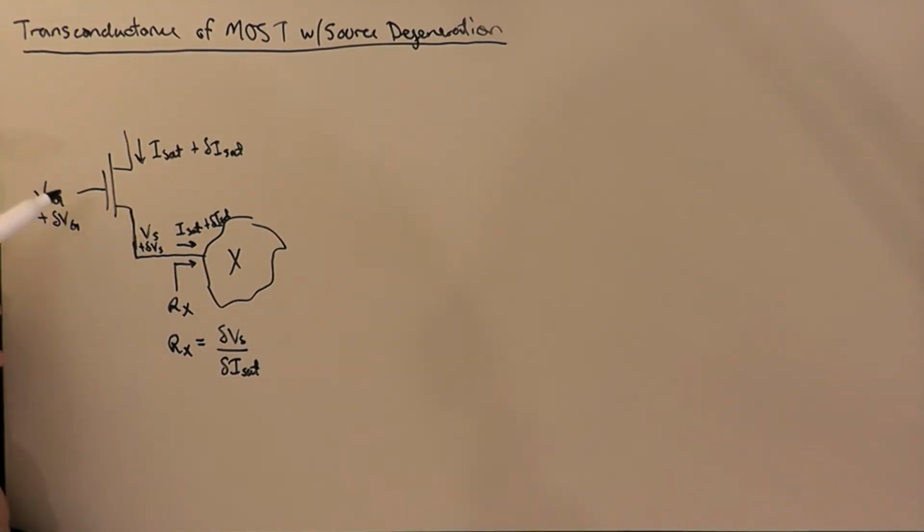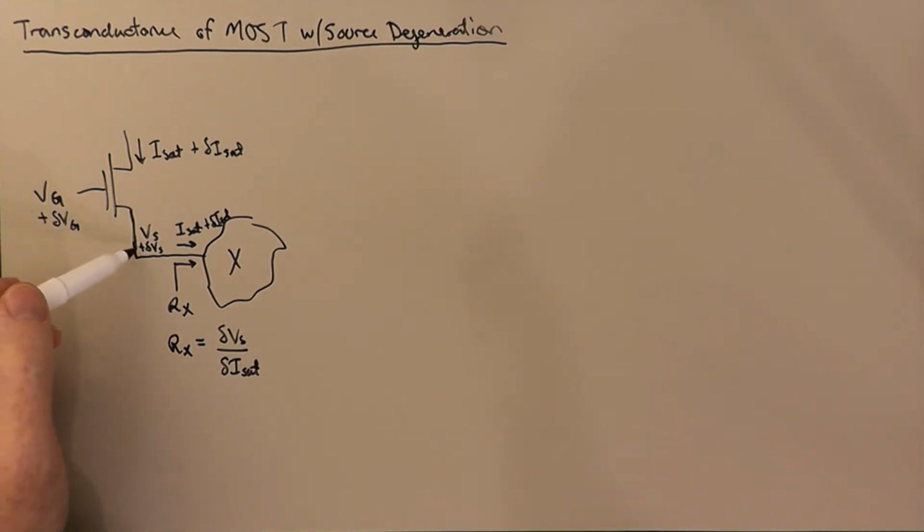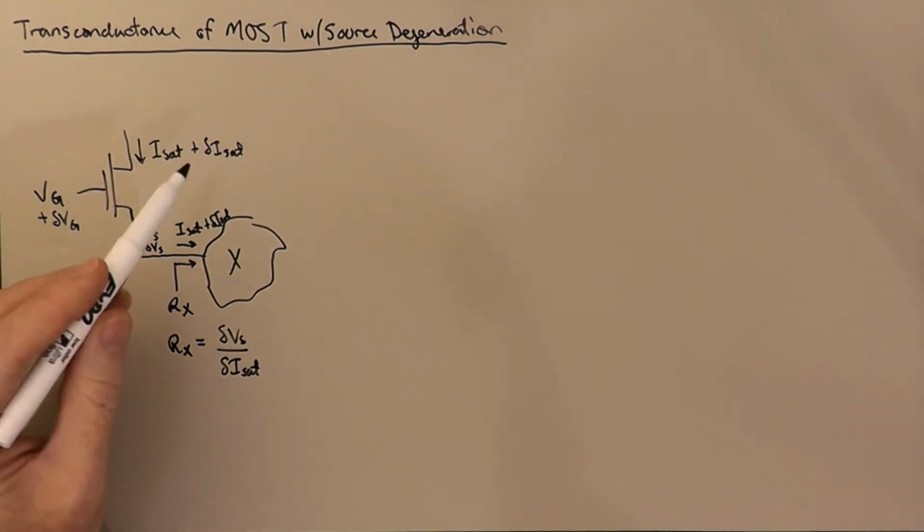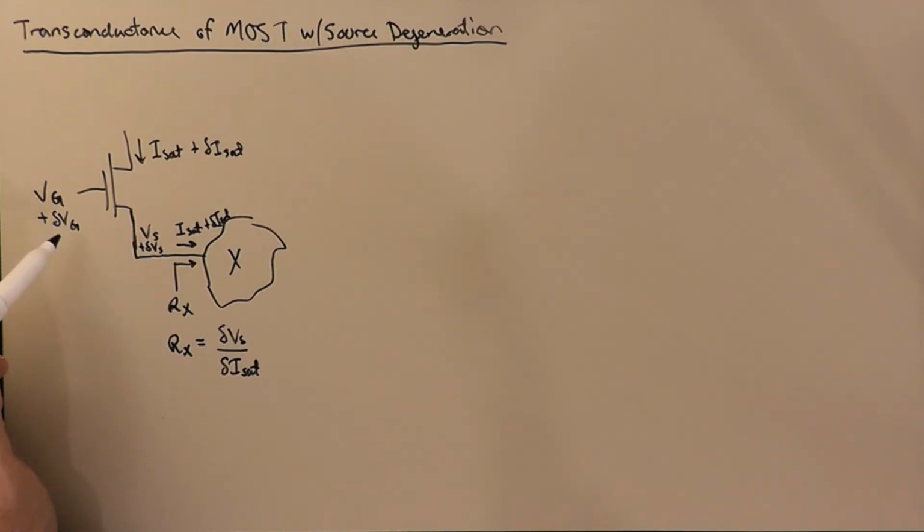But notice that the initial increase that we might have expected based on the increase in the gate voltage is opposed by an increase in the source voltage. And so the transconductance of the transistor will be degraded or degenerated because the source voltage is also moving. So if the source voltage were held fixed, this delta I sat to delta Vg would just be little gm of the transistor.